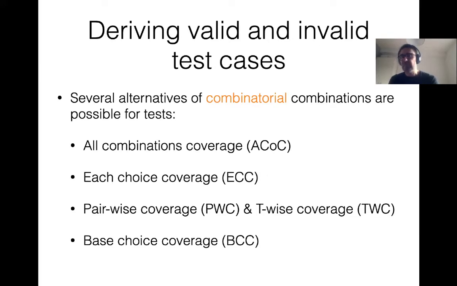And there's a lot of research on how to find the fewest test cases that ensure a certain level of t coverage. So this means not taking all combinations, but downsampling that to run fewer test cases and still trying to cover as many combinations of arguments or classes as possible. And then base choice is a very basic one.